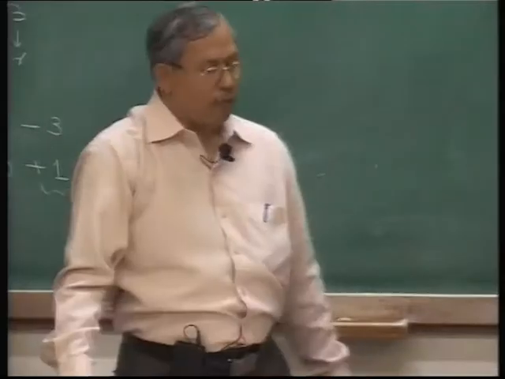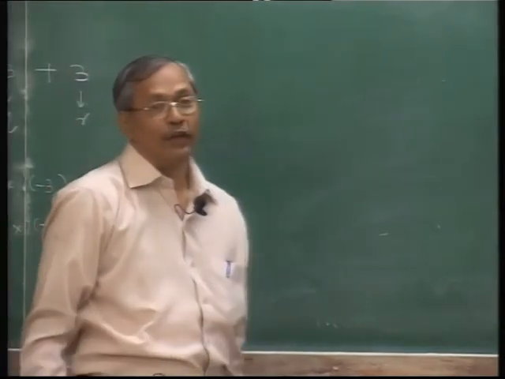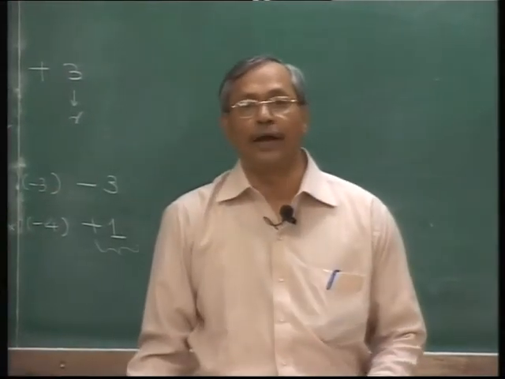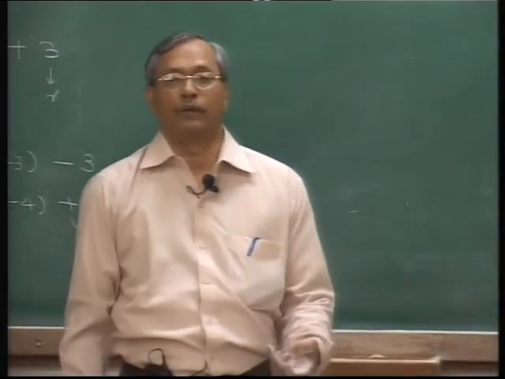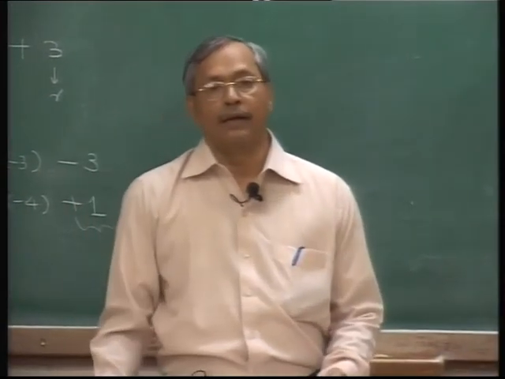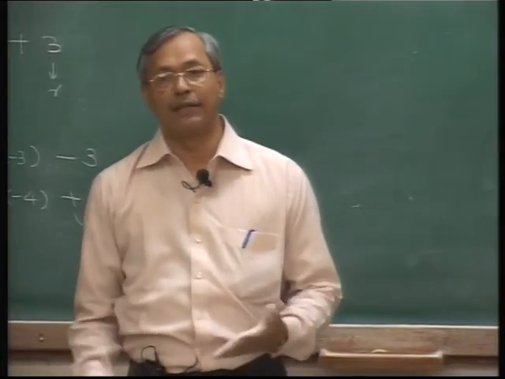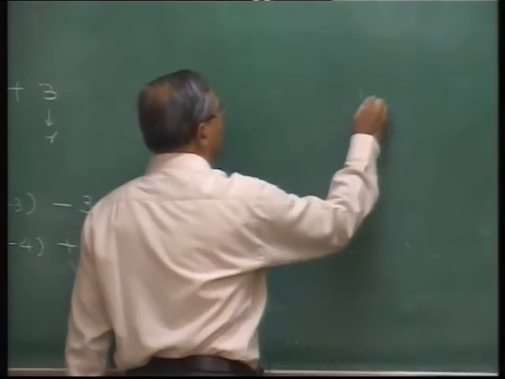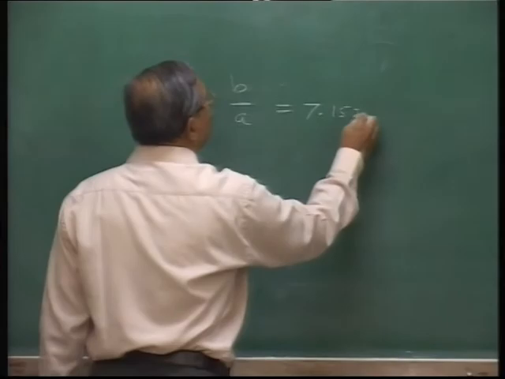If you want to get these q and r by means of a calculator or a software, what you have to do is you divide. Usually the software or calculator can give you b by a as some decimal number. So maybe b by a is equal to 7.1523.